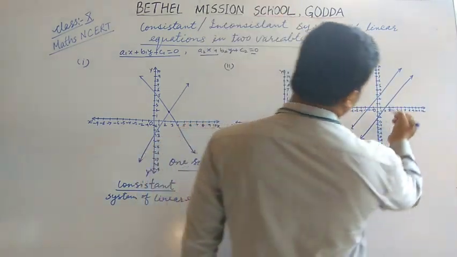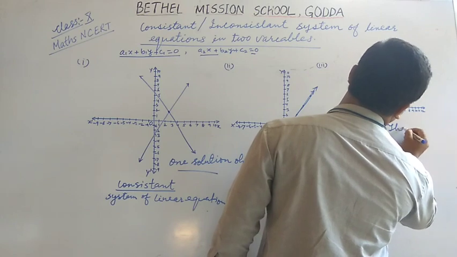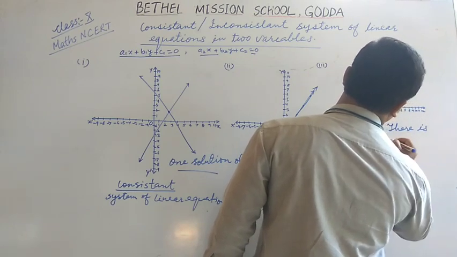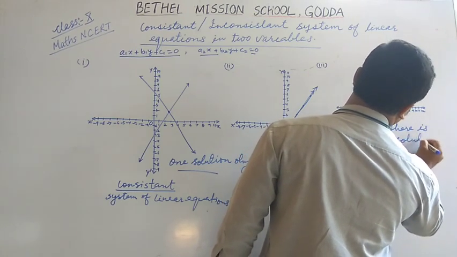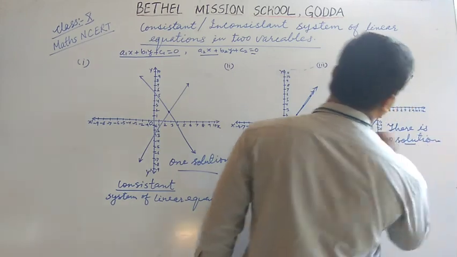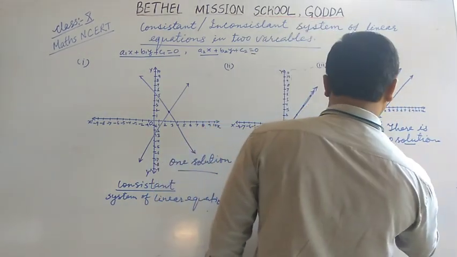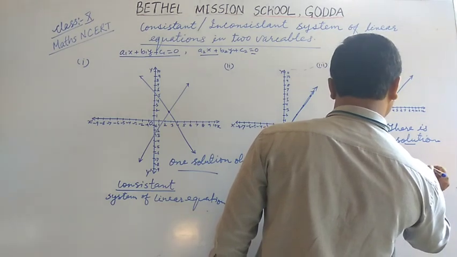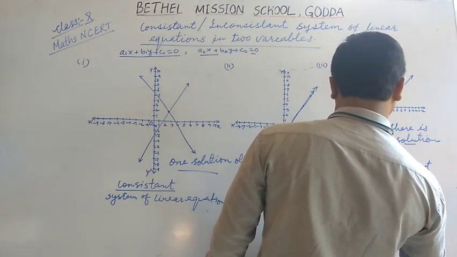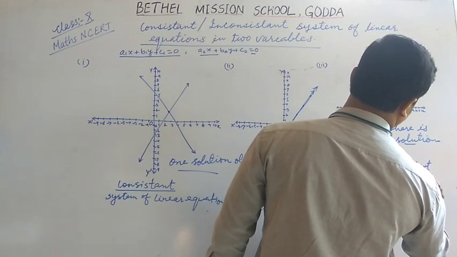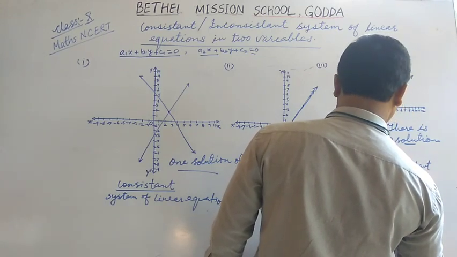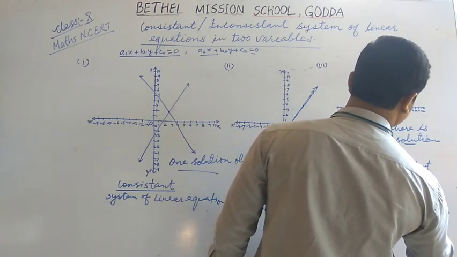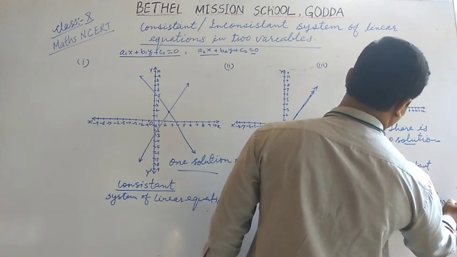It means there is no solution. If there is no solution, then it is called an inconsistent system of linear equations.